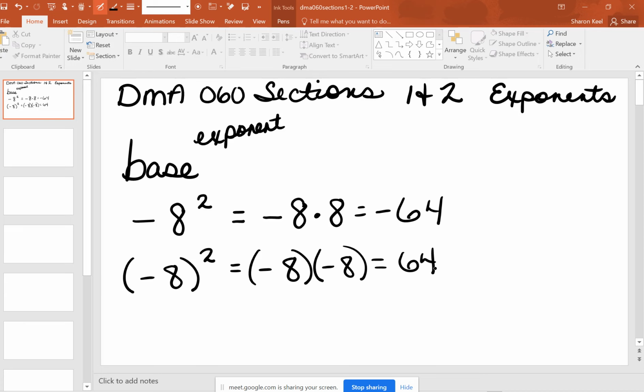So it's important to pay attention to. When we have a parenthesis, it makes the difference between whether the first answer is -64 versus this answer being a positive 64.